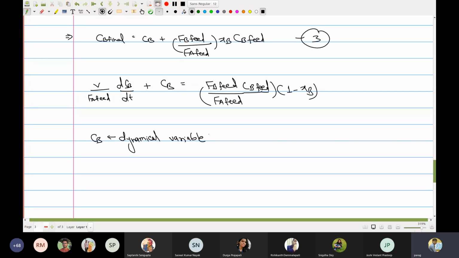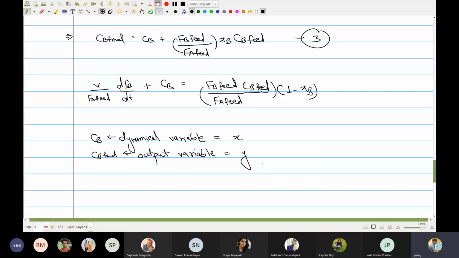Wherever you have a d by dt term, that variable is the dynamical variable, and let me therefore, using our standard convention, denote it as x, right? From equation 3, my variable of interest is the ultimate output from the tank, so CB final is my output variable, and our standard notation for an output variable was y.